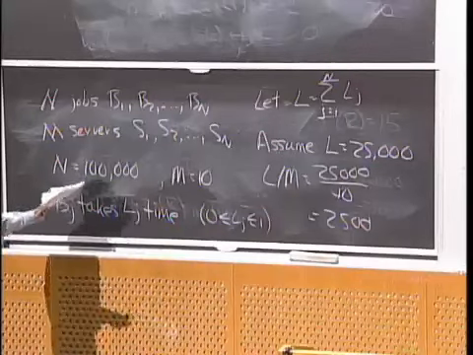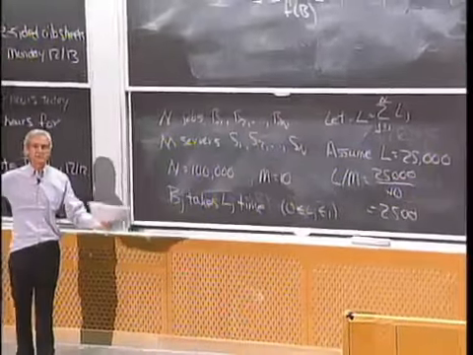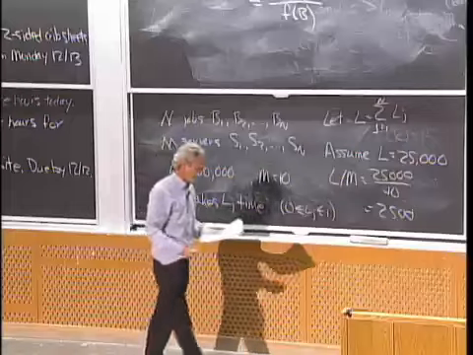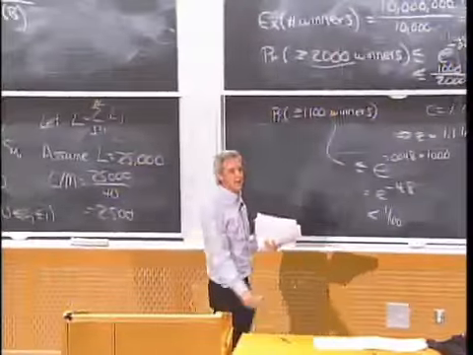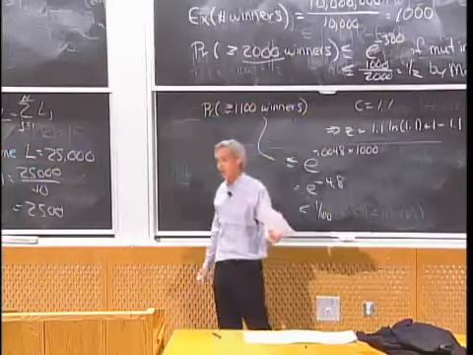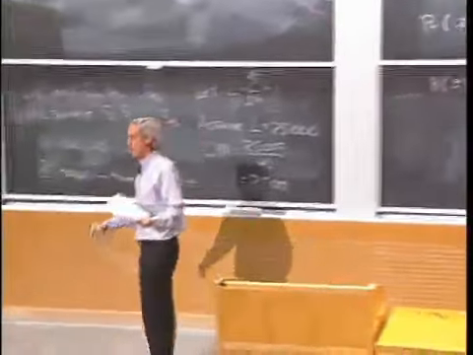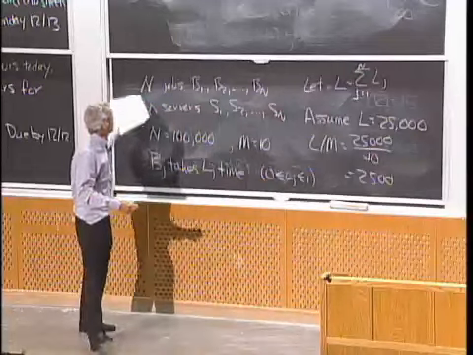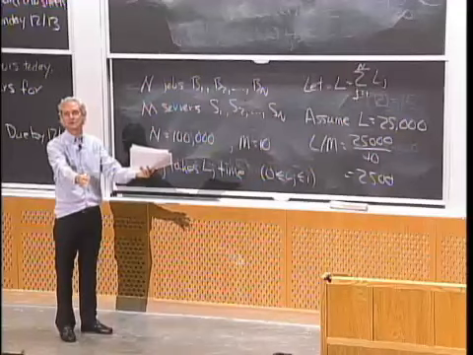Any questions about the problem? You've got a bunch of jobs, a bunch of servers. You want to assign the jobs to the servers to balance the load. Well, what is the simplest algorithm you can think of to do this? In practice, the first thing people do is take the first n over m jobs and put them on server 1, the next n over m on server 2.